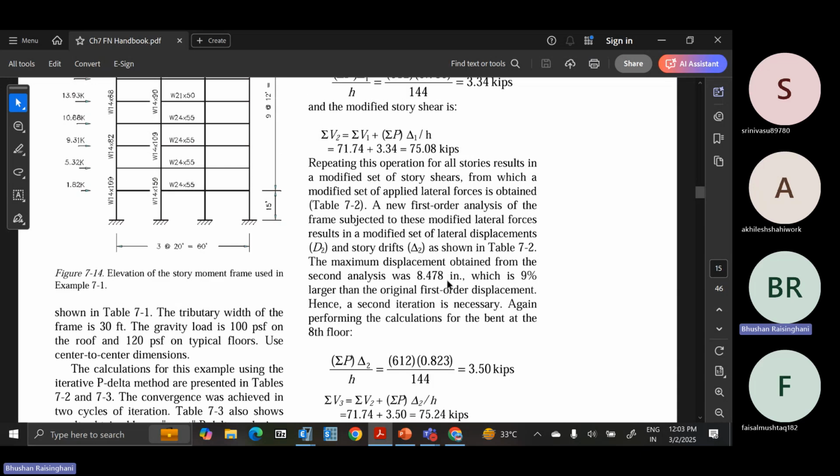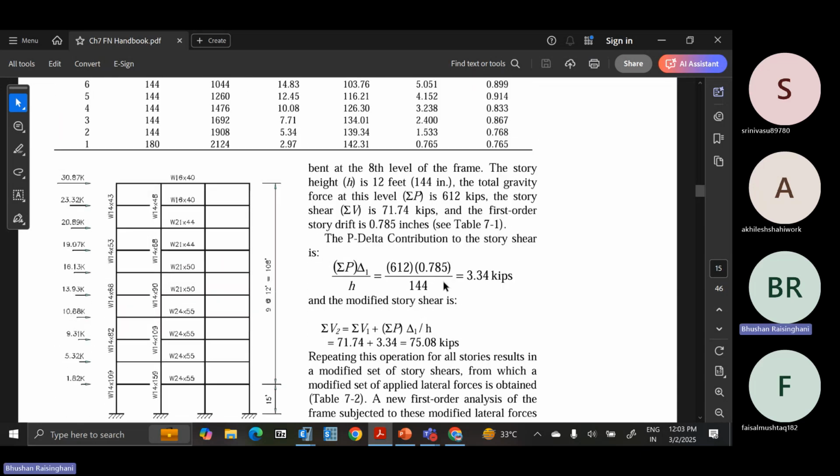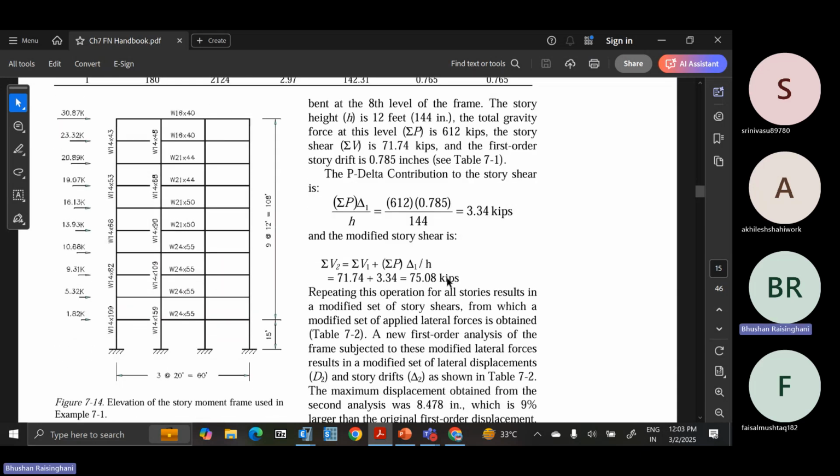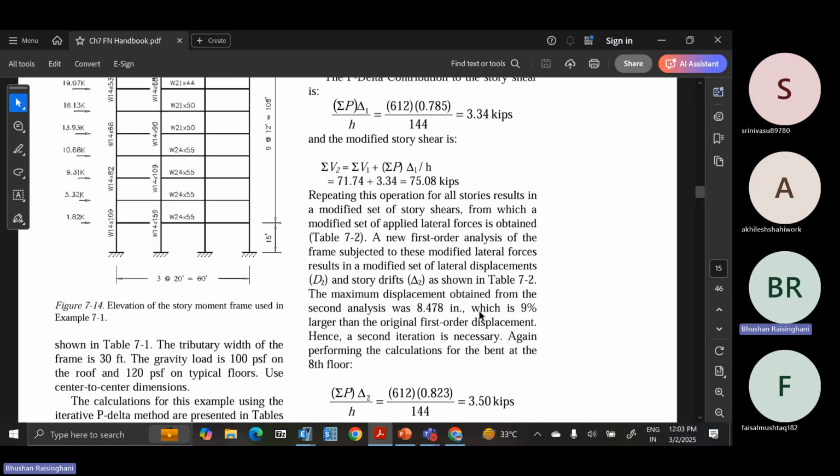So let's say 7.996 divided by 8.478. So 6% increase in the displacement. So roughly 5% increase in the story shear, 6% increase in the displacement has taken place.